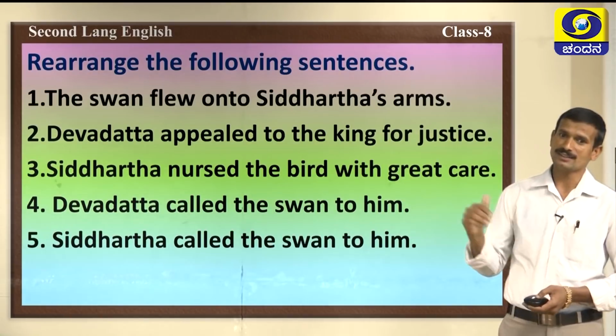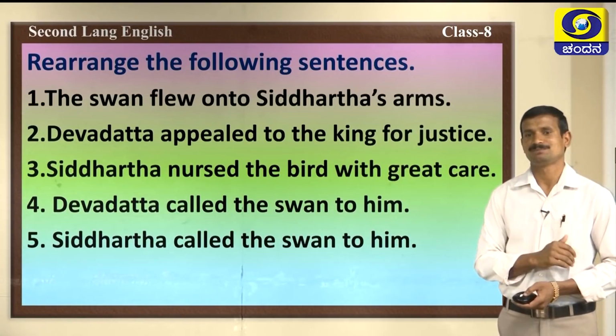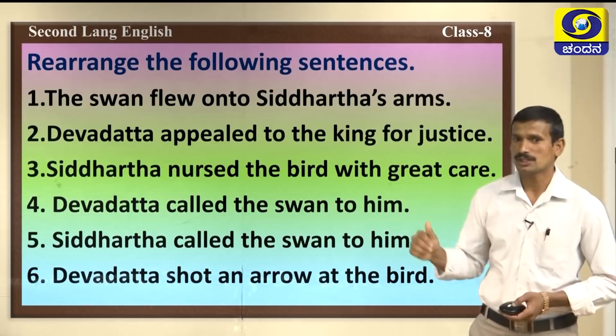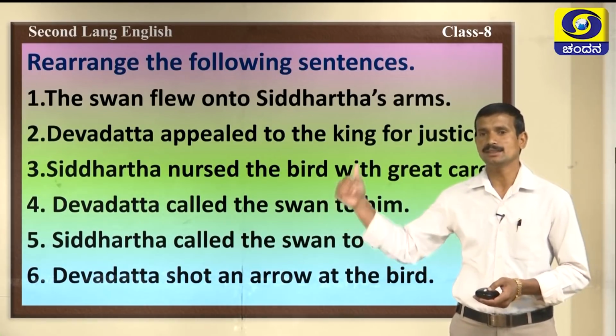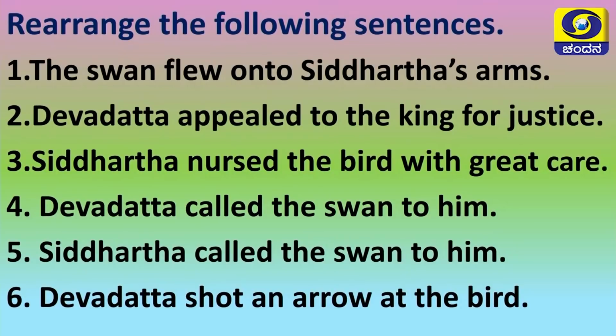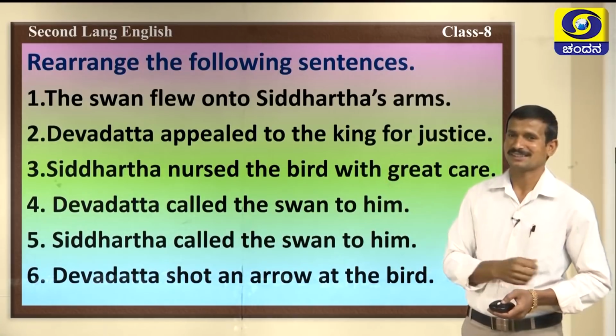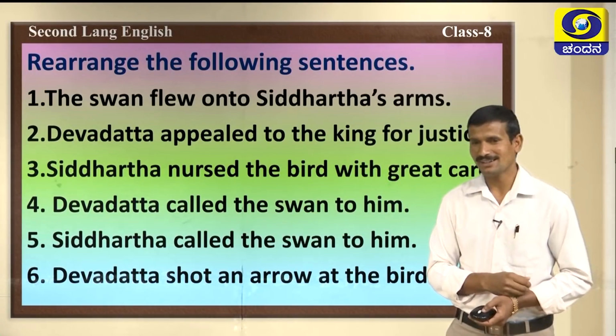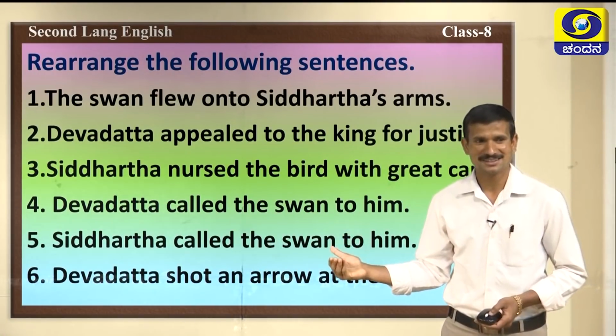Next, Siddhartha called the swan to him. The last one, Devadatta shot an arrow at the bird. These are the sentences. You should rearrange them in the proper order. Just go through the sentences, then you can get the idea which is the first sentence, which is the next, and the story. Have you done? Are you ready? Let us know the answers.